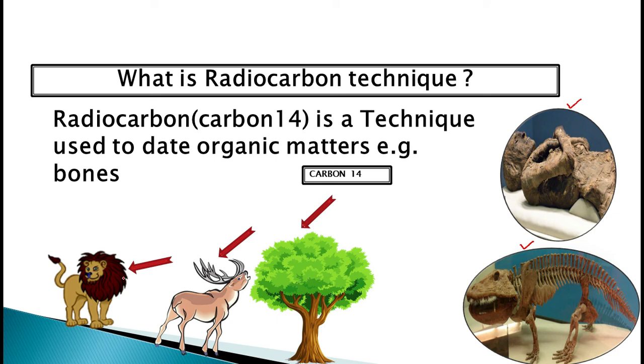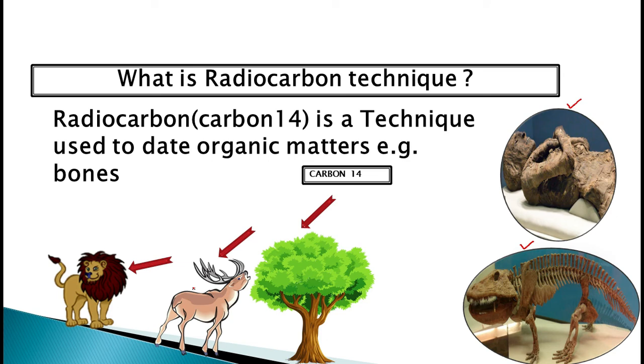But after the death of the animal, some part of the carbon 14 remains in the body of the organism, and it starts decaying very slowly. It will decay to approximately one half in 5730 years.